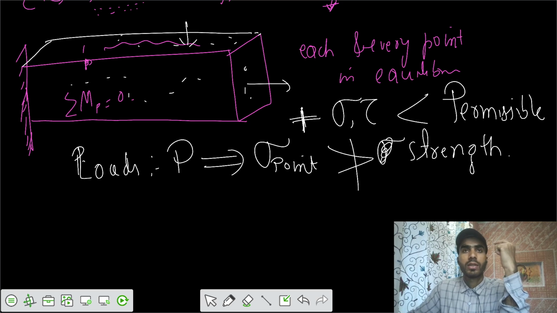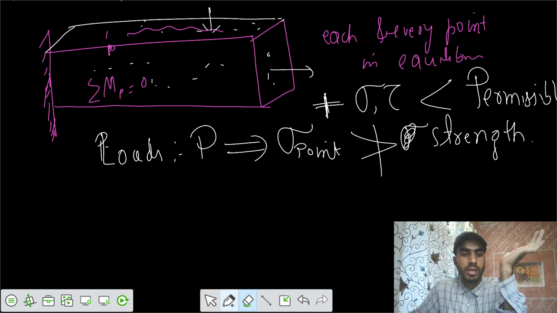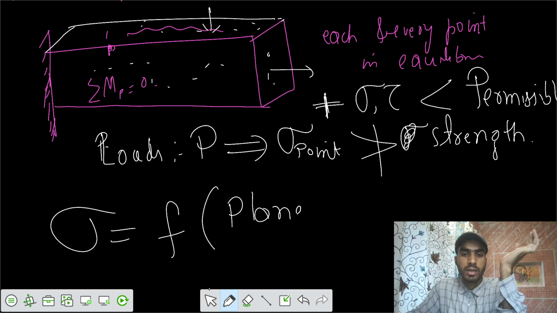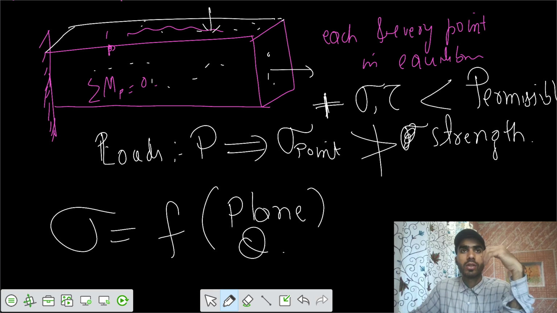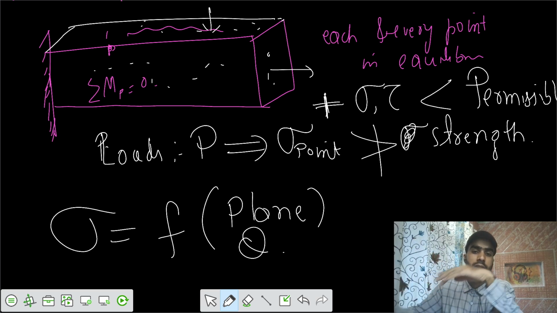So we need to say on what particular plane, because stress is a function of plane, or theta. It depends on the orientation of the particular plane. On that plane, the stress can be anything. So we need to get the plane on which the stress value is maximum.